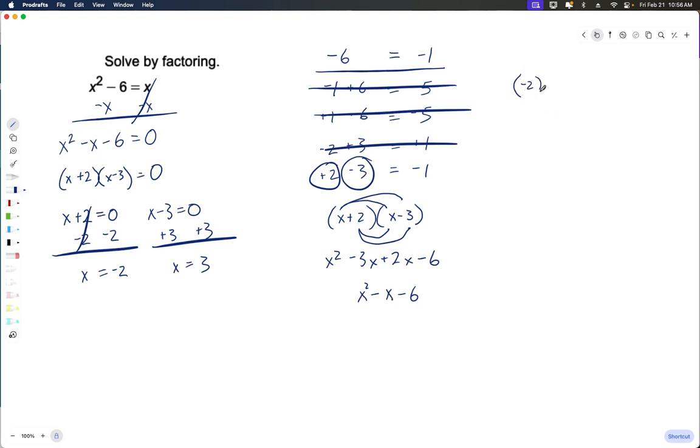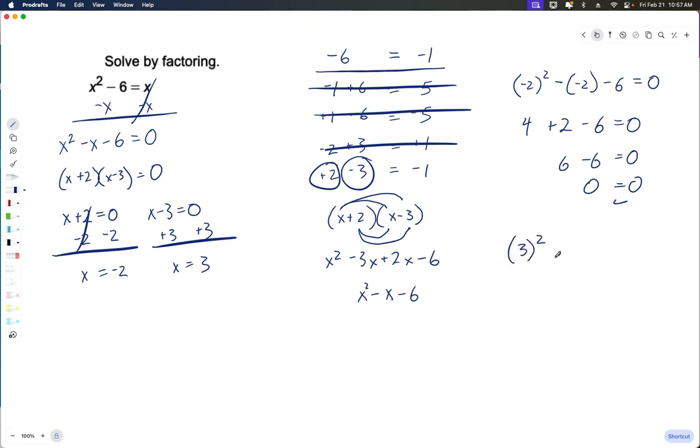So negative 2 squared, I'm using this formula here, minus a negative 2 minus 6 equals 0. Negative 2 times negative 2 is 4. A negative times a negative is a positive. 6 minus 6 is 0, and it's equal to 0. And that's correct. Now I'm going to substitute in the positive 3.